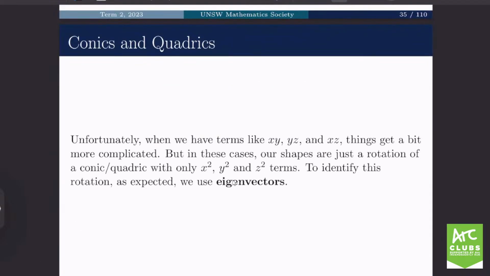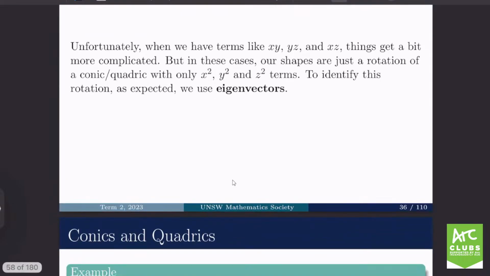They represent a sort of rotation of a quadric. If we take a representation of a quadric using only x squared, y squared, and z squared, and we add terms like xy, yz, etc., they correspond to rotating this surface. So to identify what rotation this is, we can use eigenvectors.